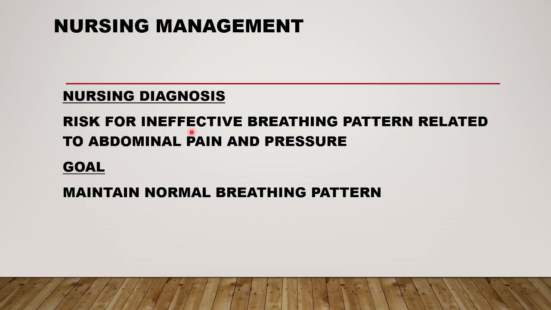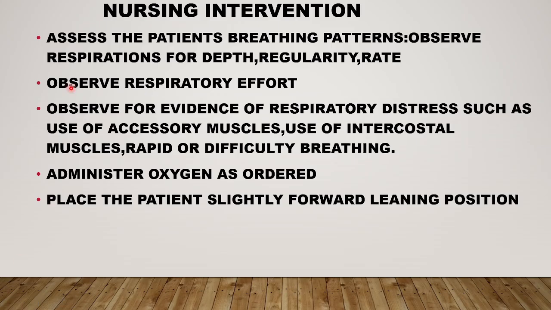Risk for ineffective breathing pattern related to abdominal pain and pressure. Goal will be maintain normal breathing pattern. Assess the patient's breathing patterns. Observe respirations for depth, regularity and rate.